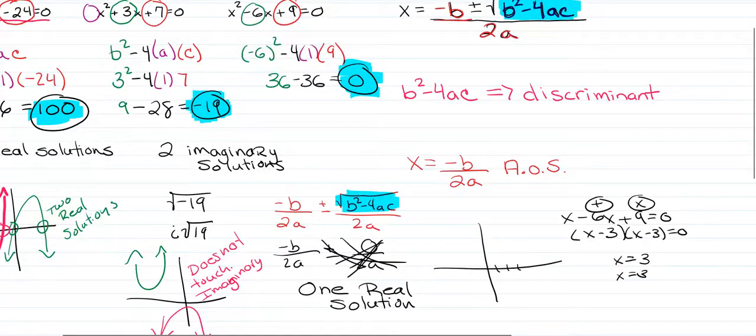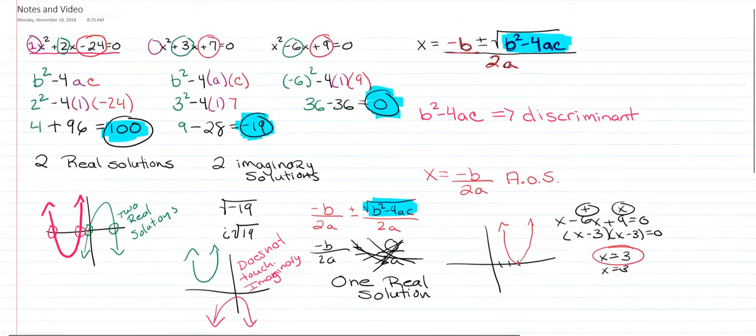So that would be where the graph hits perfectly, where the vertex is perfectly on the x-axis. That's one real solution because you only have one number. So those are the scenarios. So the discriminant just gives us information. It just tells us, are we going to have real solutions? Are we going to have imaginary solutions? Or are we just going to have one real solution?